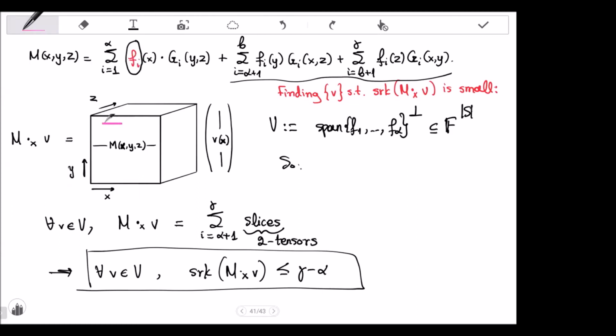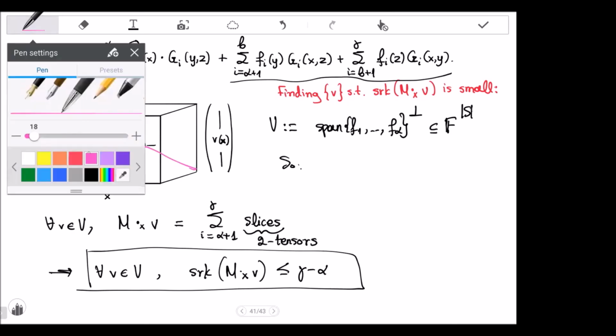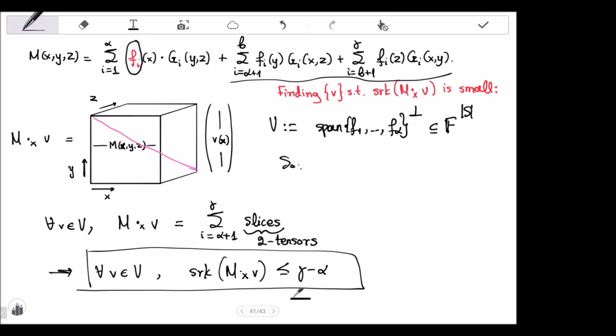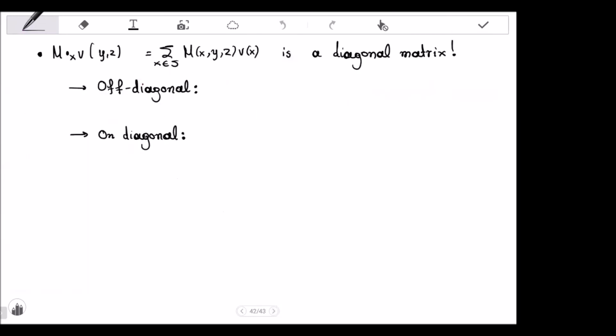Since the matrix is diagonal, when you apply it to a vector, you get back a diagonal matrix. And here is how. After applying, I always get a diagonal matrix.